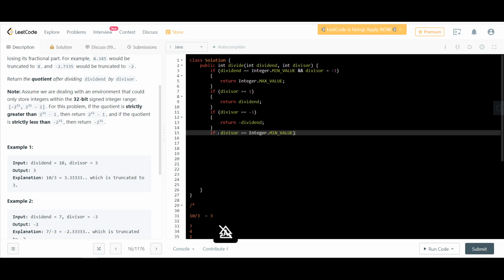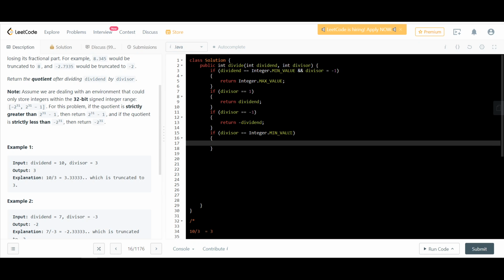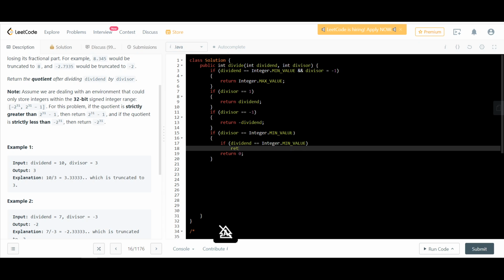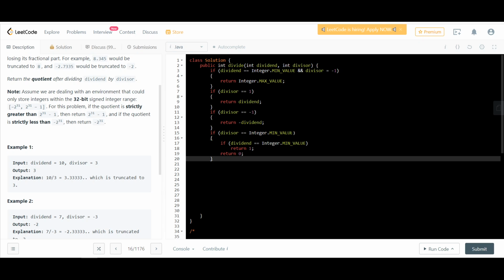It's the greatest magnitude, right? So if you divide anything by this, we'll get 0 only. So can I just return 0? Well, what if the dividend is also the same? In which case you will have to return 1. All other cases we can return 0. Fair enough. So we have handled the case where the divisor is the min value.